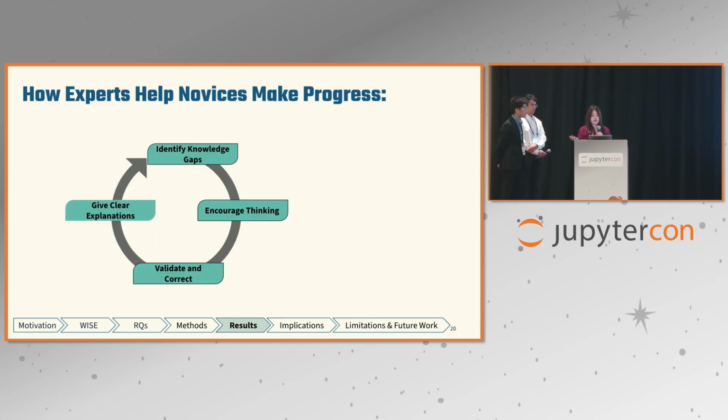Lastly, we realized that when the experts help the novice make progress, it usually follows a cycle of 4 steps, which we call an adaptive feedback loop. This cycle starts with identifying the knowledge gaps, which means that after the expert introduces the dataset and they start working on the data analysis together with the novice, they can quickly notice where the novice actually struggles and what they don't yet understand.